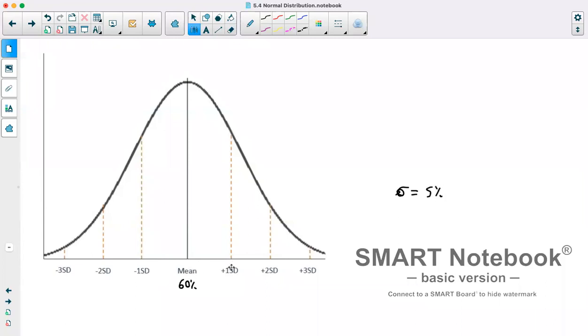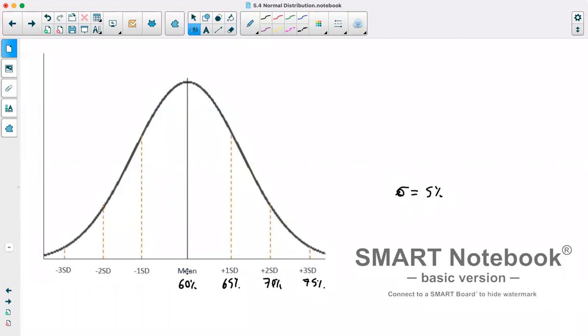If we're going up by 1 standard deviation, that would mean that this here would be 65%. This here would be 70%. This here would be 75%. So each standard deviation is equal to that value we calculated for standard deviations.